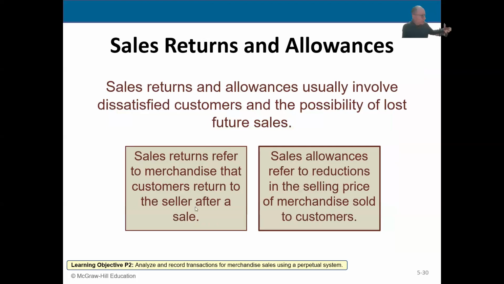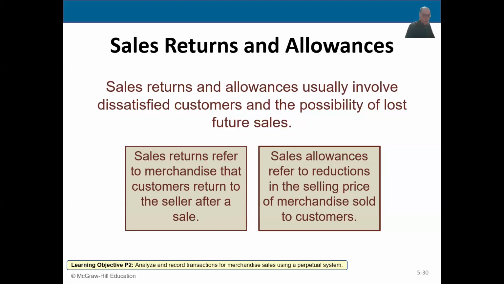Now, just like it was with our vendors, the same type of concepts apply with our customers. What if we, the awesome convenience store that we are, sell merchandise to a customer that's defective? Whoops. It happens in business, no one's perfect. We sell something that's defective to the customer.